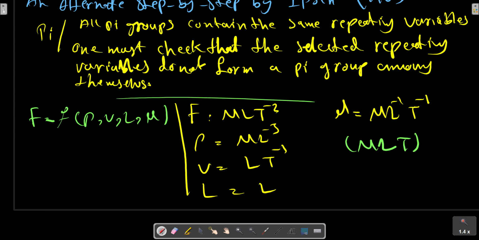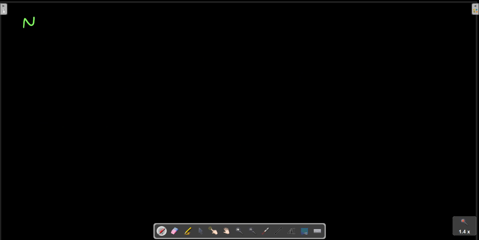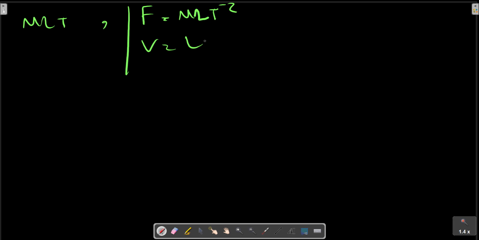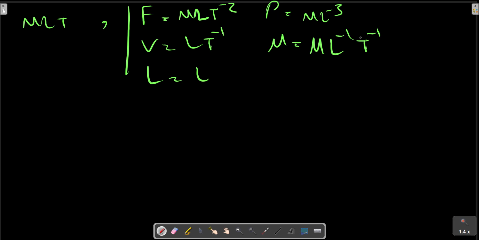So let me write on the next page. Three dimensions M, L, T: F was M L T^-2, V is L T^-1, L is L, rho was M L^-3, and mu is M L^-1 T^-1.